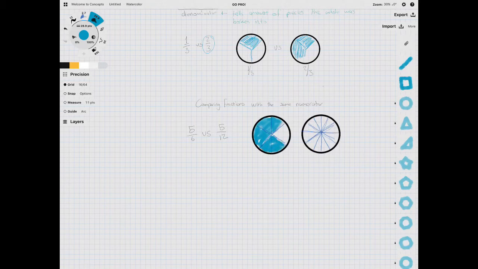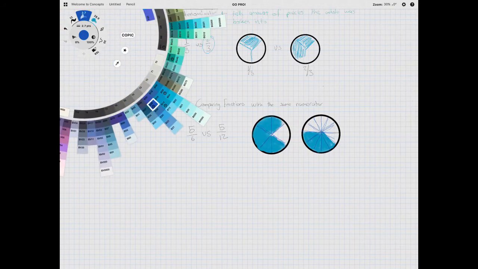Okay, so that's 5/6. And over here, let's color in 5 of these, so that we can show 5/12. 1, 2, 3, 4, 5. Okay. So now we've got our 2 fractions here, and can you see which one is bigger?